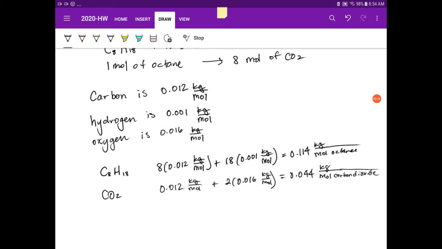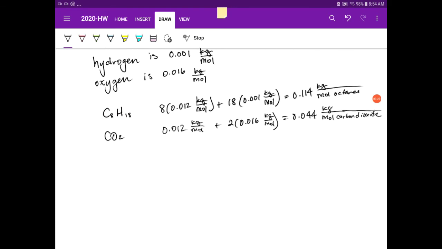Now, when we think about it, 1 mole of the octane goes to 8 moles of the carbon dioxide. That means that for every 0.114 kilograms of octane, we're going to get 8 times the carbon dioxide.